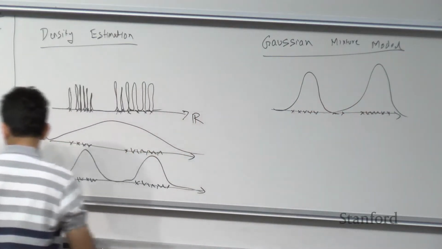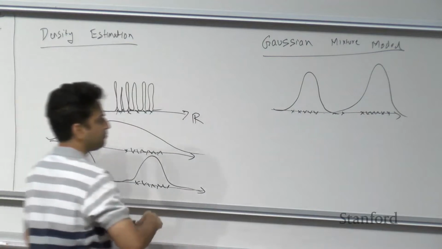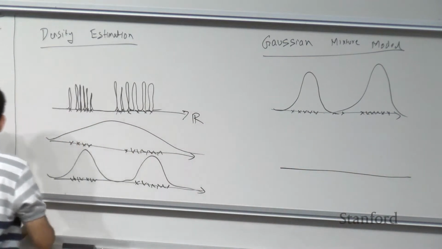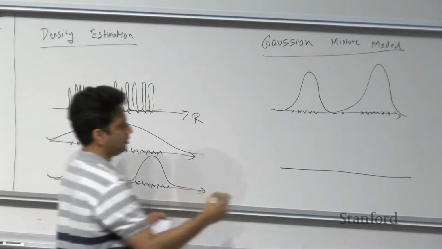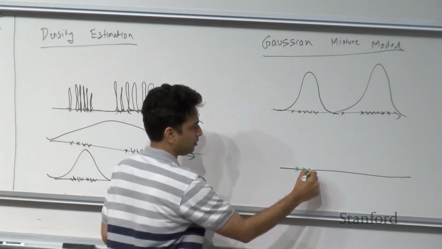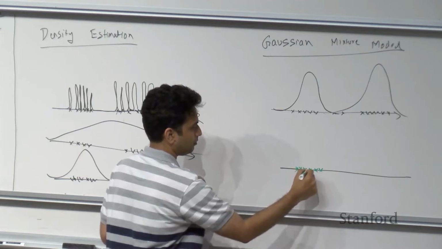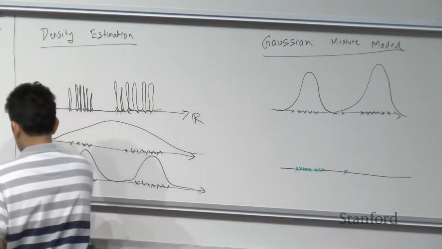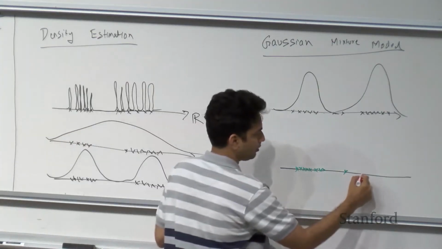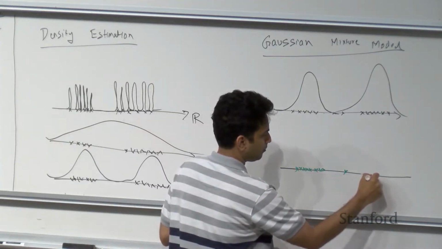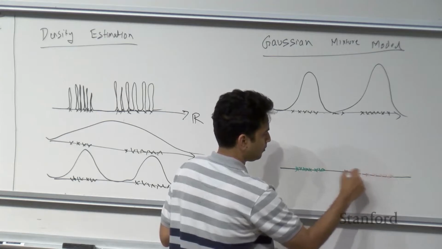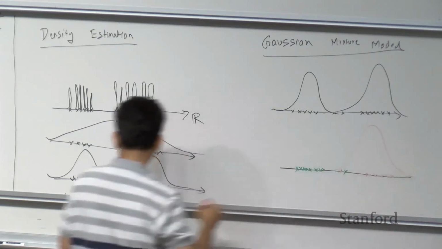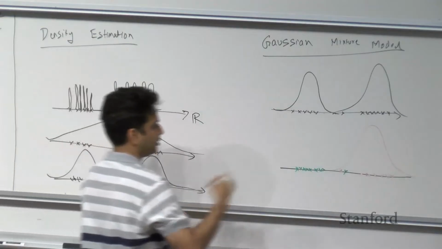If this were to be a supervised setting, then they would come with some kind of an identity. And we could have fit one Gaussian here and the other here.